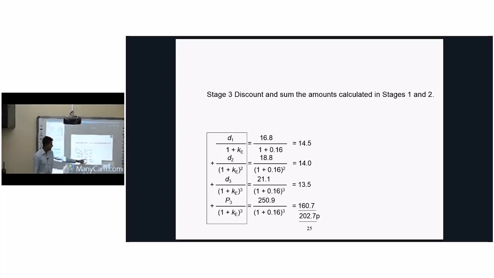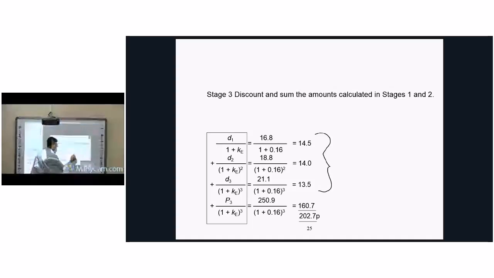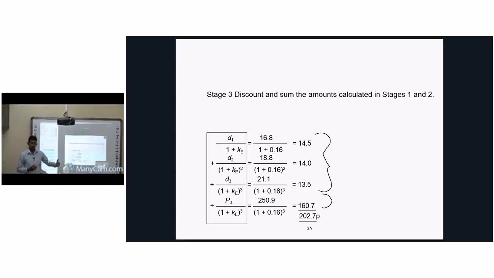Did you get 160.7? Some of you have already got the answer, which is great. So now you can see this is the first 3 years' present value. This is the present value of all the future cash flows after year 3.